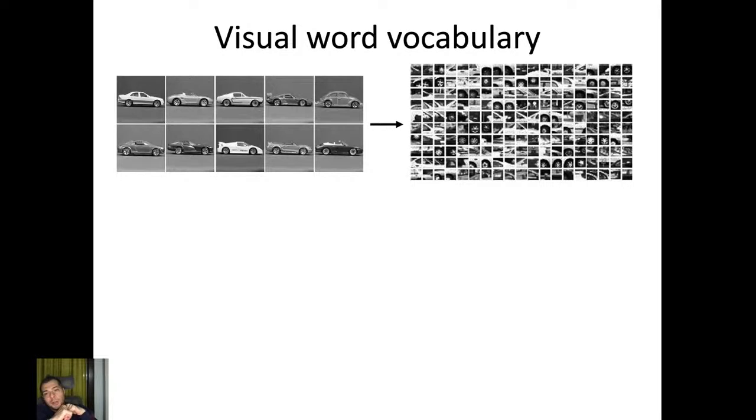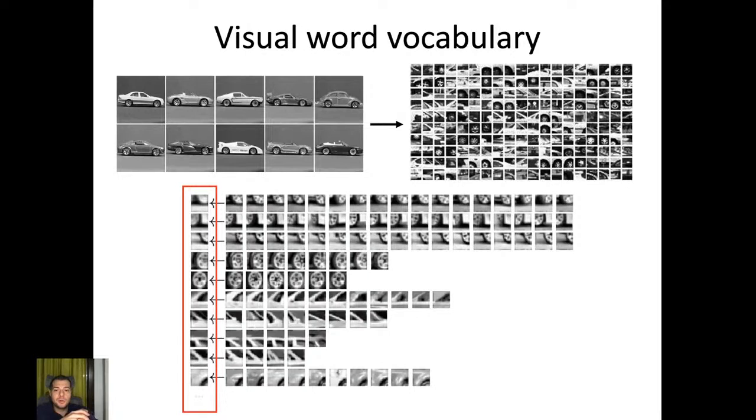So first we take our collection of images and we just sample out patches. So this is a representation in which cars are depicted in the same position, so seen from the side. And so we eliminate the problem of rotation, scale, and orientation in this case.